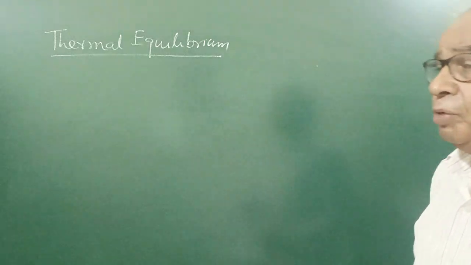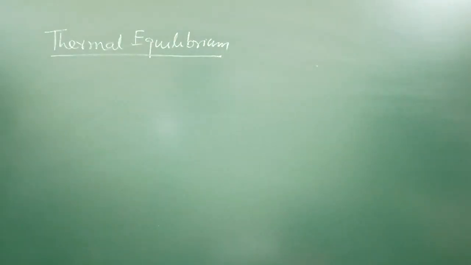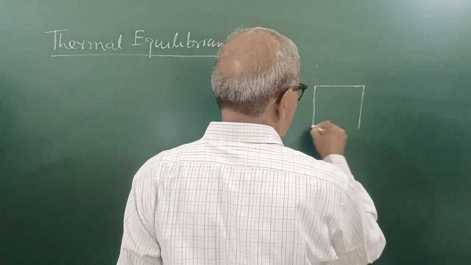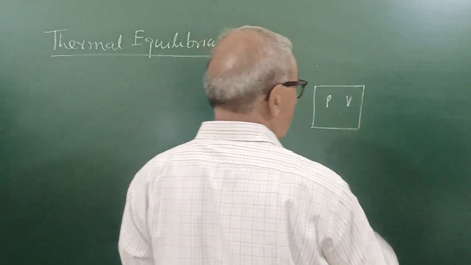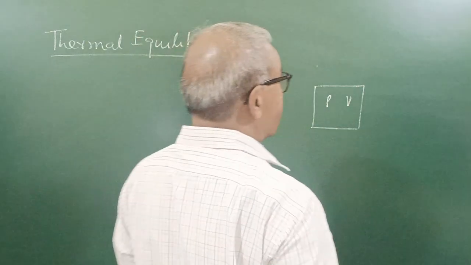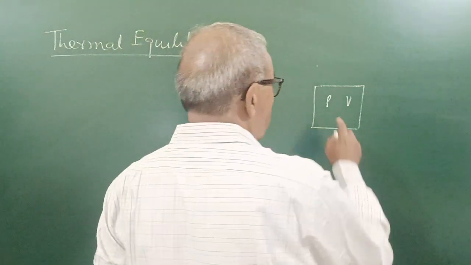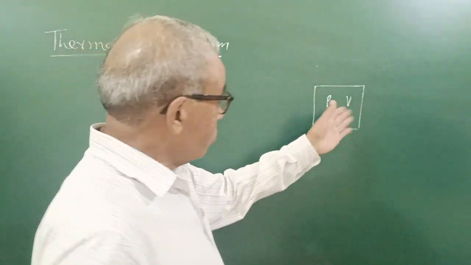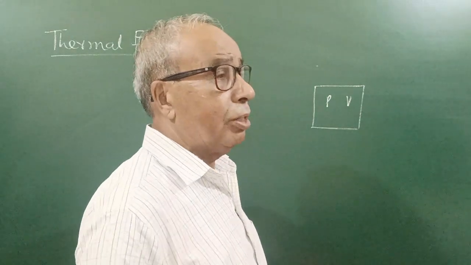So if we have two systems, say two independent gases, with pressure and volume of given mass at given temperature. Now, if these variables are changing, then the system is not in equilibrium.